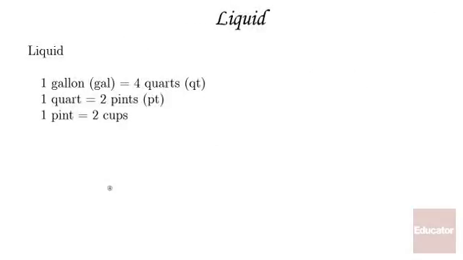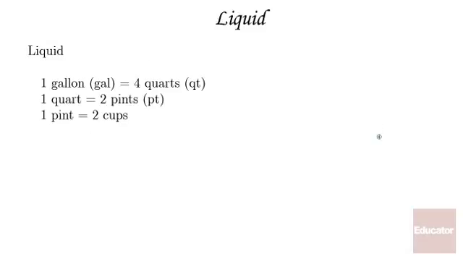For liquid, 1 gallon is the same as 4 quarts. And 1 quart is the same as 2 pints. And 1 pint is the same as 2 cups. So for this, let's look at this.